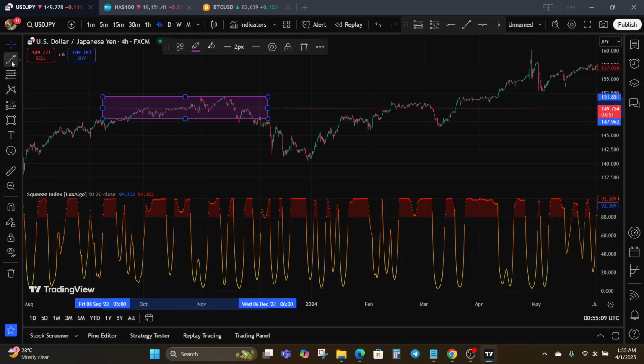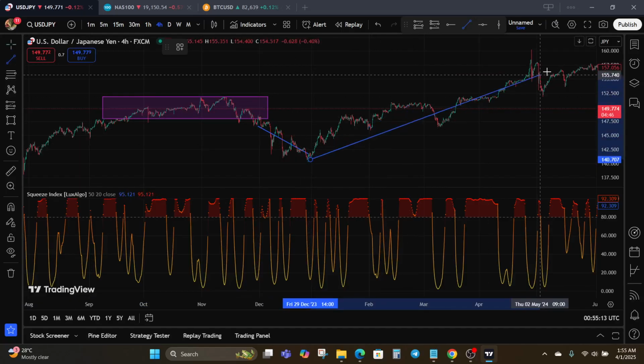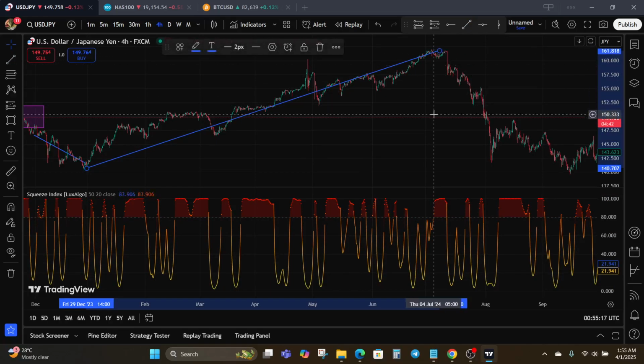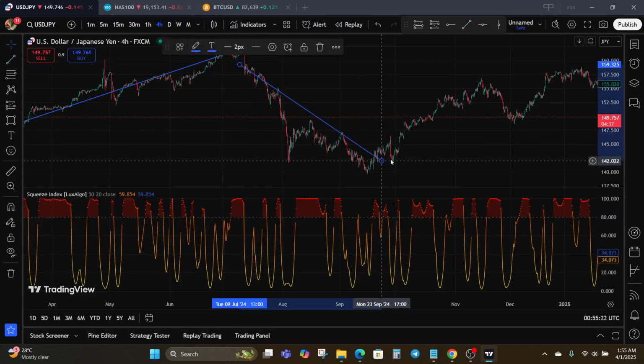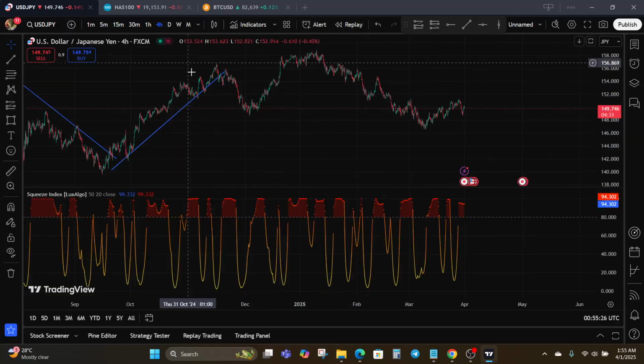Market is going to trend. Maybe after trending for a while, there might be a little phase of consolidation again, and so on and so forth. All right. So that is what we are referring to when we say that the market moves in cycles. All right.